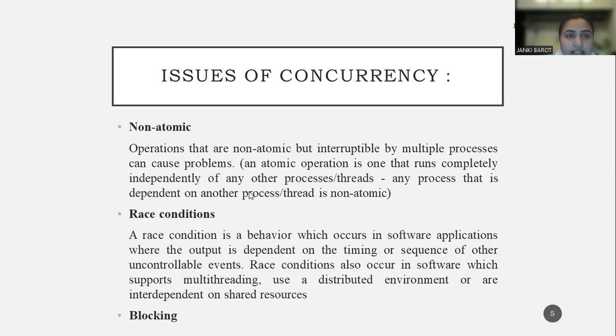Let's see the main issues of concurrency. The first issue is non-atomic. First of all, we'll see what is atomic and what is non-atomic. An atomic operation is one that runs completely independently of any other process or thread. It means that it is an independent process or thread. But when any process is dependent on another process or thread, it is called a non-atomic process.